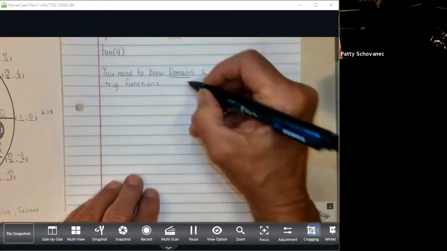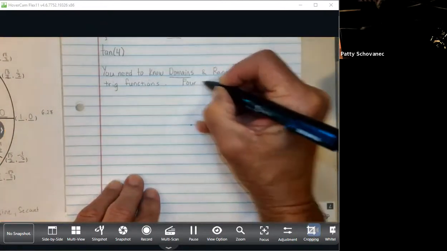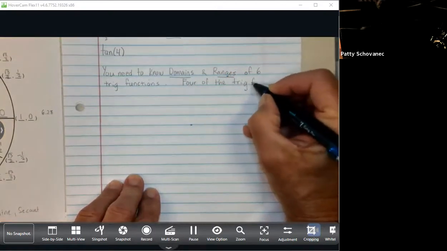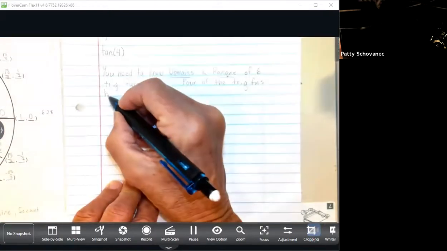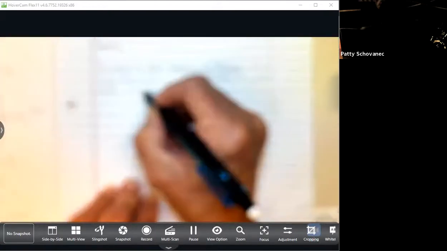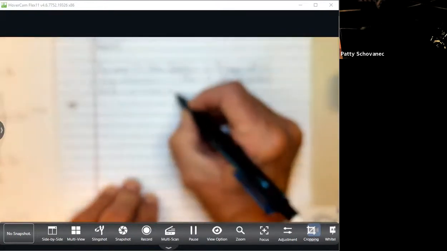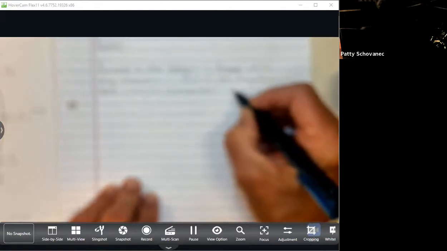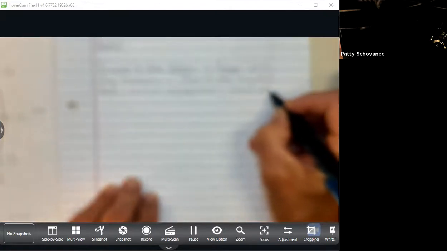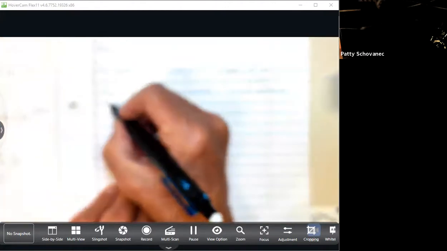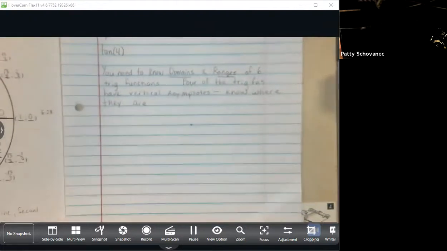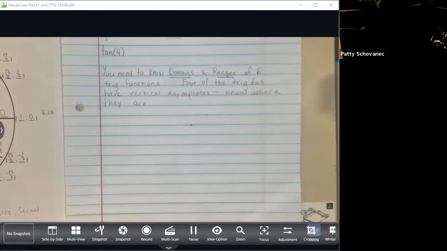So 4 of our trig functions have vertical asymptotes. You need to know where they are. So that's essentially asking a question about, do you know their domains?